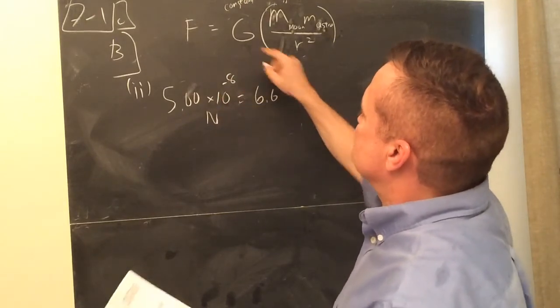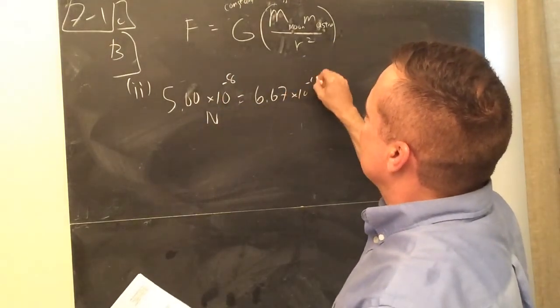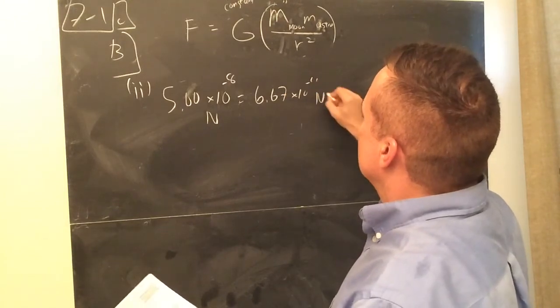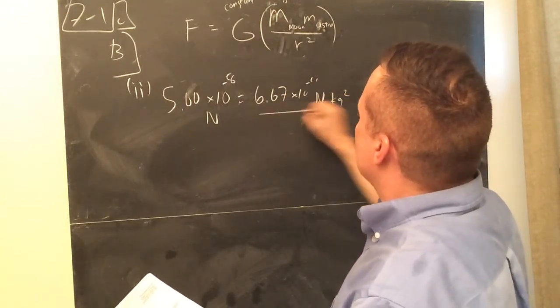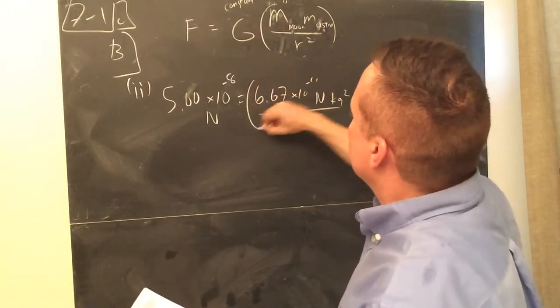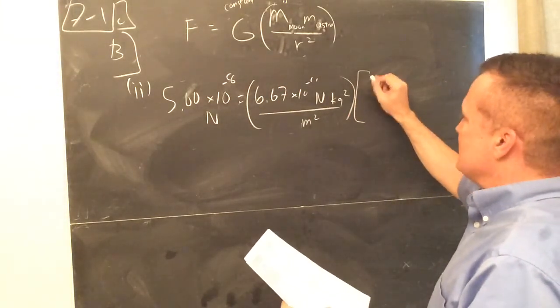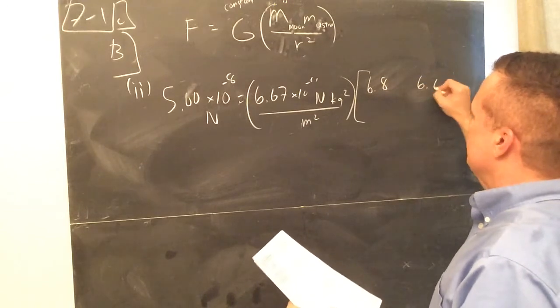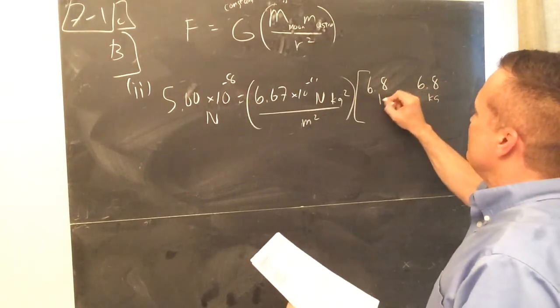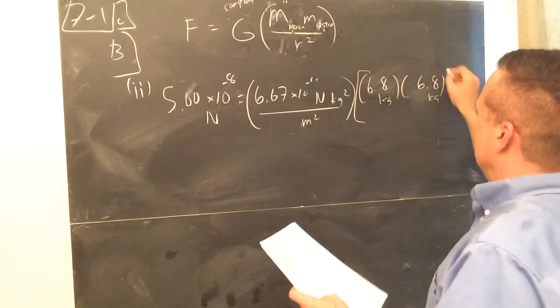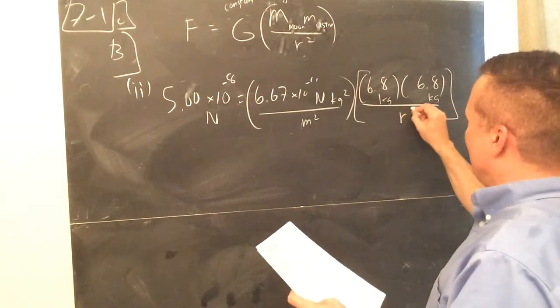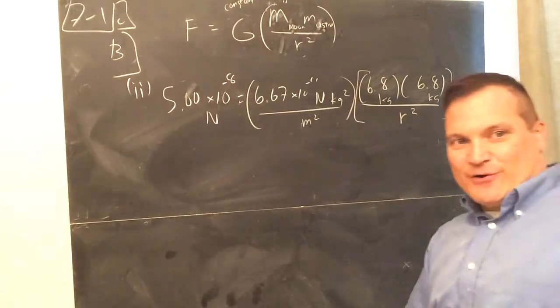And put in your G, 6.67 times 10 to the negative 11 newton kilogram squared over meter squared. Times, and each one weighs 6.8 kilograms. So they move them apart, and they want you to find out now what is the distance they moved apart.